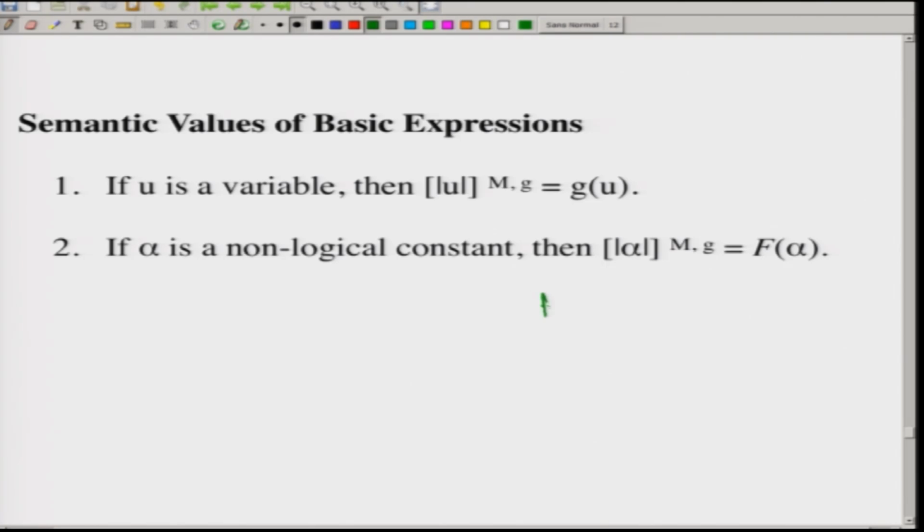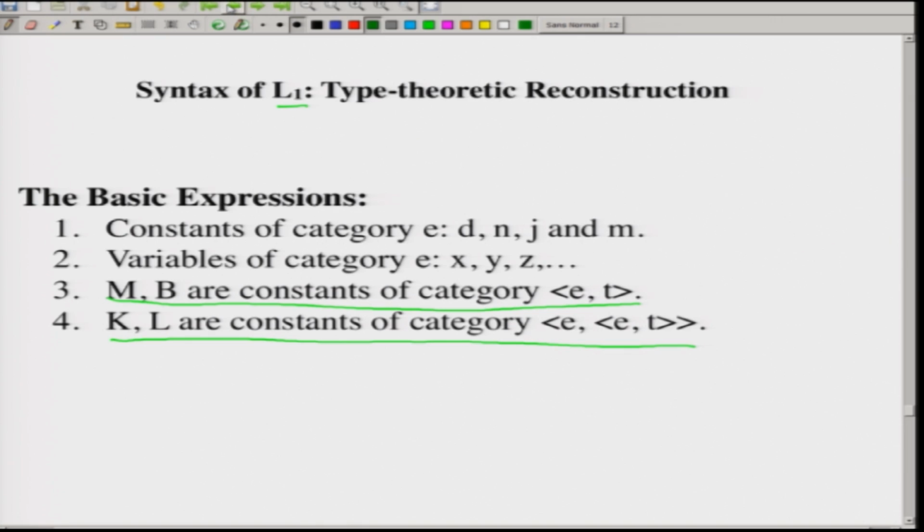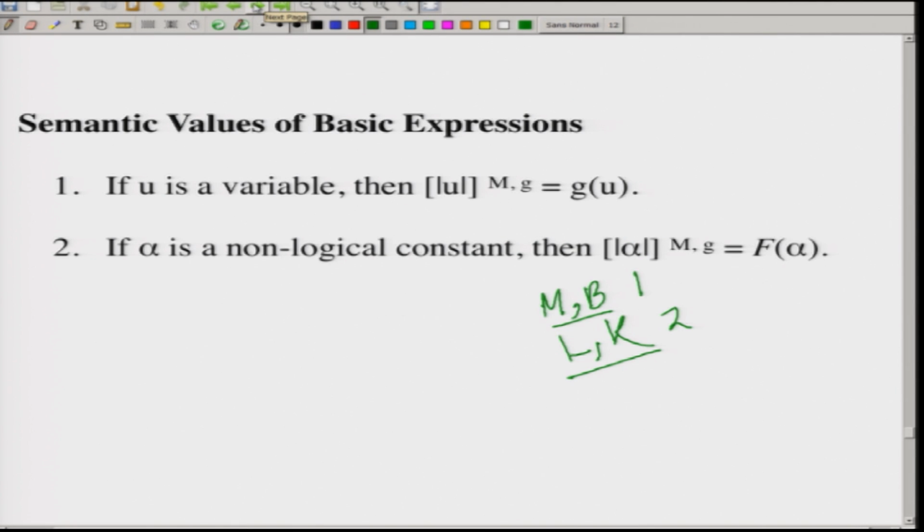We have M and B, which are one place predicates, and L and K, which are two place predicates. Their values are given by f. Also we have constants of type e, which are d, n, j, m. These are all non-logical constants. So M, B, K, L, d, n, j, m are non-logical constants, and their values are fixed by the function f. So these two main functions we have.